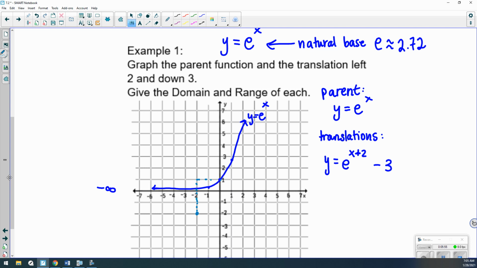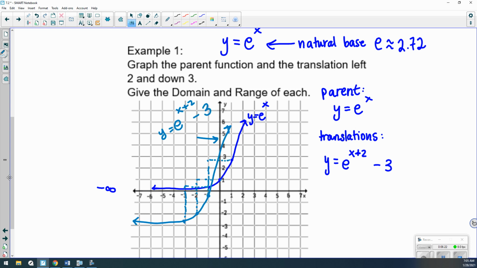So here's left 2, and then down 1, 2, 3, right about here. And then how about if we take this point here? We're going to go left 2, and then down 1, 2, 3, right about here. Here's my new curve, and this is y equals e to the x plus 2, minus 3.